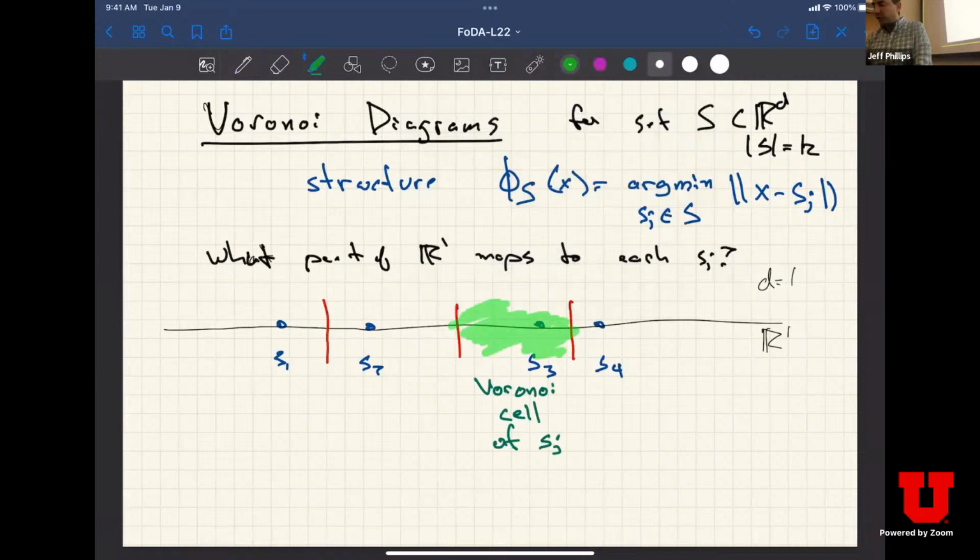It's this one-dimensional region, okay? All these points in between the bisectors, their closest point is going to be S3. So if I have a point X here, its closest point is S3. And that's what the structure looks like in one dimension. This kind of makes sense so far.